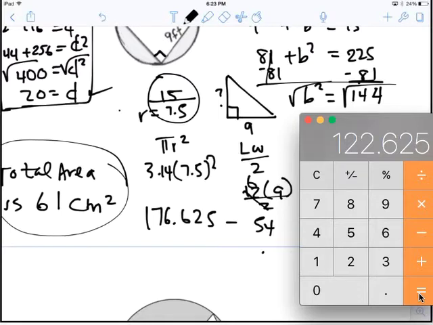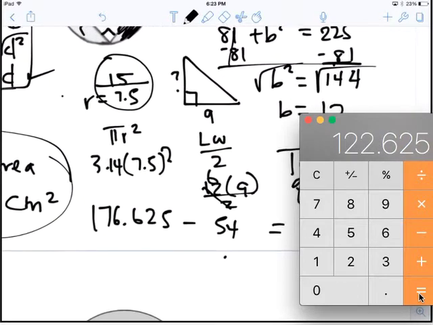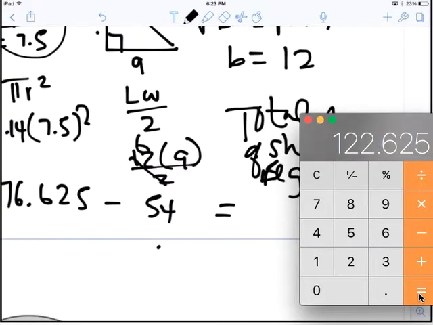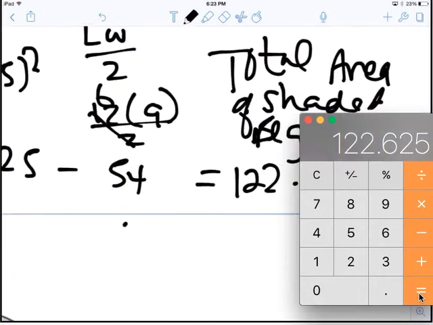The total area of the shaded region, because it's not just the total area, it's the total area of the shaded part, is 122.625 feet squared.